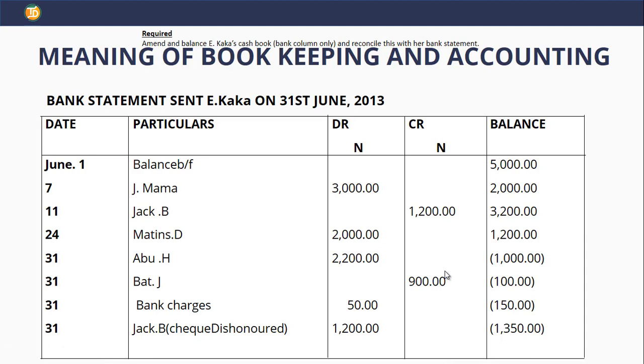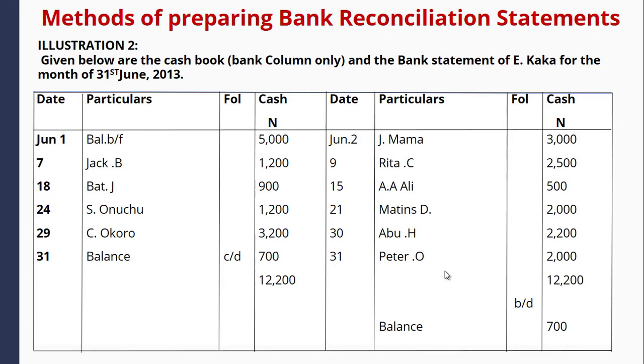We've looked at the debit side of cash book and credit side of bank statements. So the two suspicious items are S. Onuchu and C. Okoro, and we are going to look at them from the unpresented checks point of view.